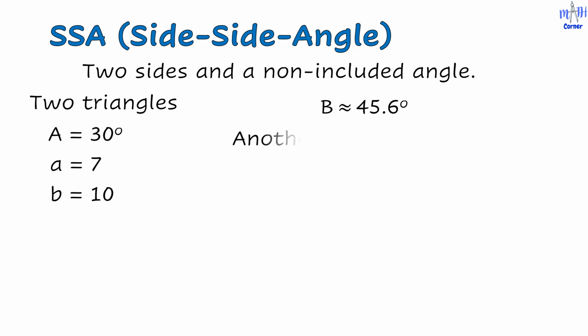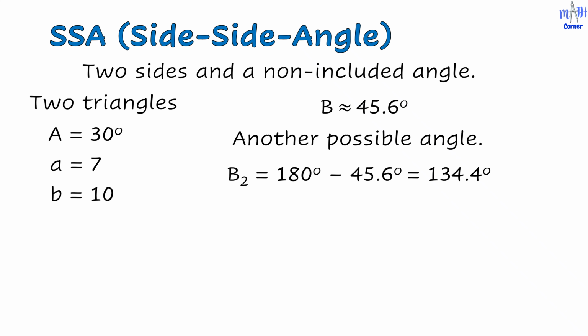Check the other possibility. 180 degrees minus 45.6 degrees equals 134.4 degrees. The two possible values of B are 45.6 degrees and 134.4 degrees. Let's check. Angle A, which is 30 degrees, plus 45.6 degrees, is less than 180 degrees.